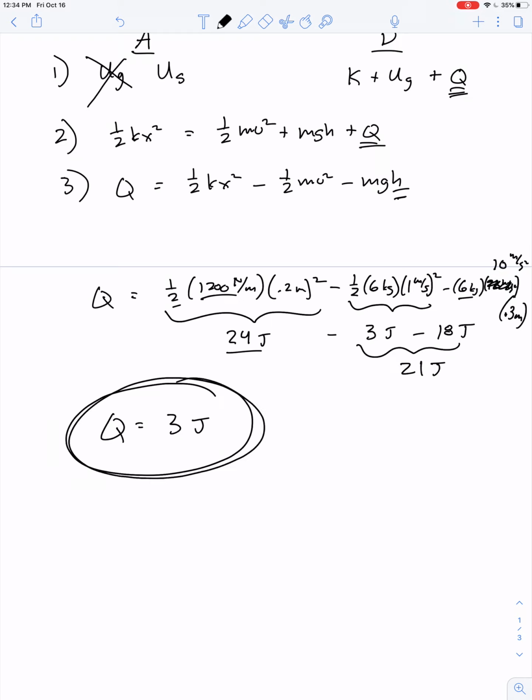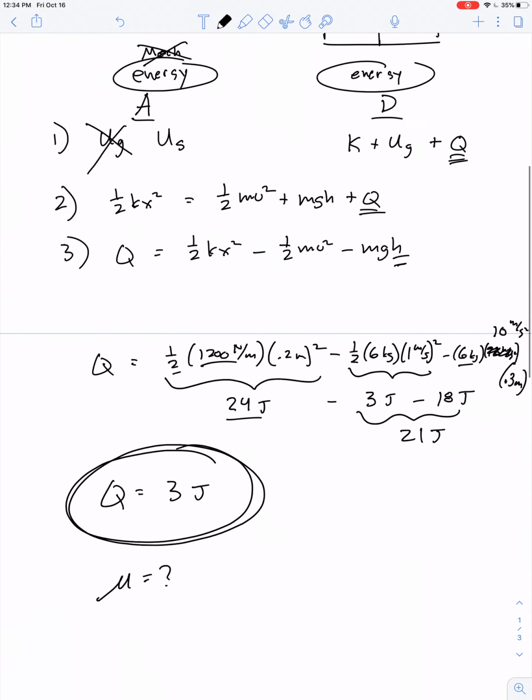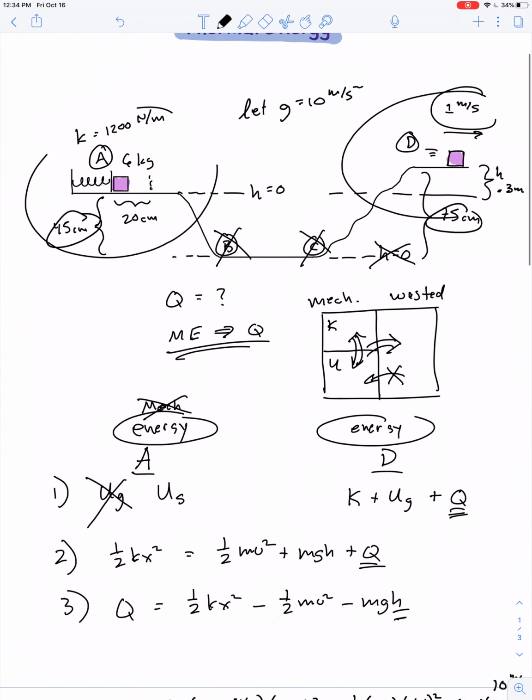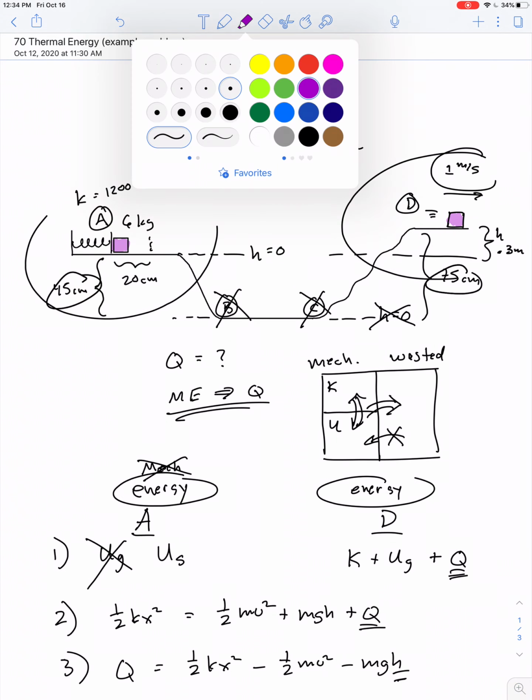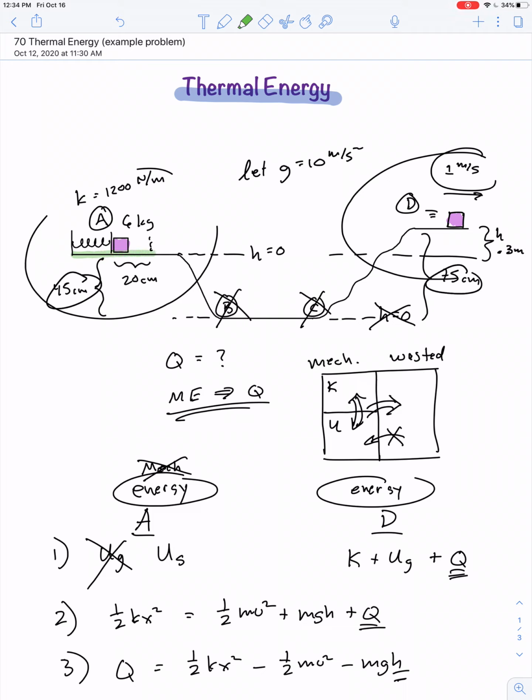There we go. Now we should take this a step further and say, what's the coefficient of friction? Now let me add a little more detail to this problem. Let's just make a hypothetical case where every surface is frictionless, no friction here, no friction here, no friction here.